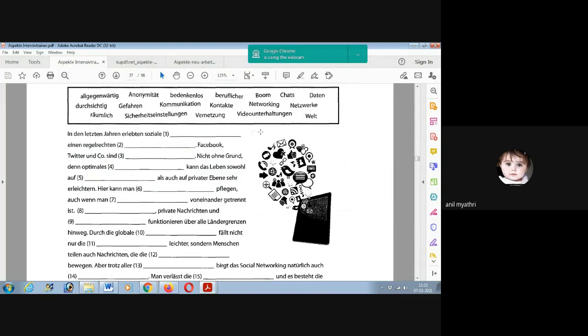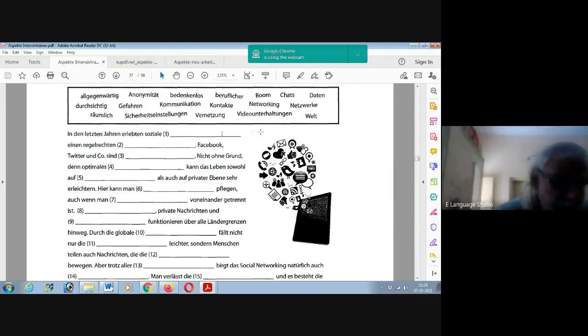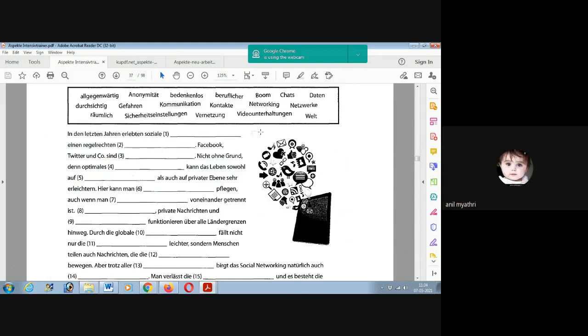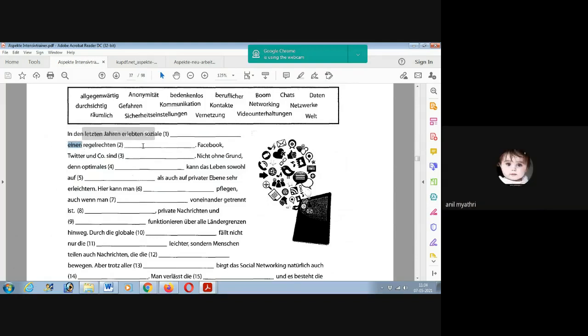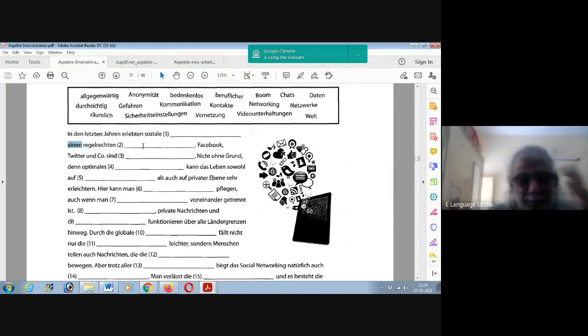Here comes the noun. That's an adjective before here. Second one, noun. Einen. Okay. This you can tell me without looking at the words. In the recent years, social networking experienced a real, a proper, a veritable what?